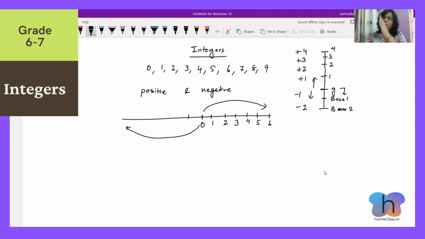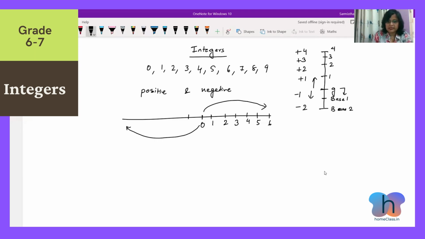Whenever we move from 0 to the left hand side, we are going towards the negative part. Now, this is an integer line. What this number line shows is not only the positive numbers but also the negative numbers. Integers comprise negative numbers, positive numbers, as well as 0, which is neither negative nor positive.